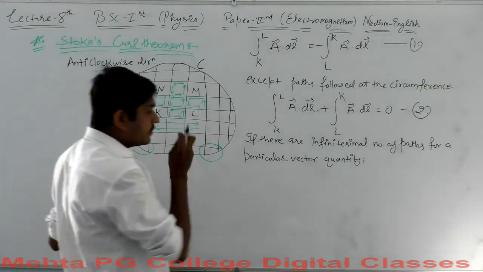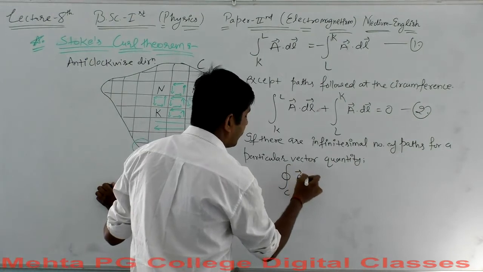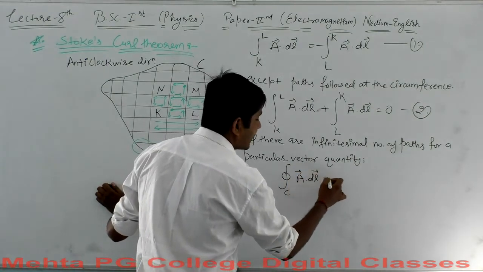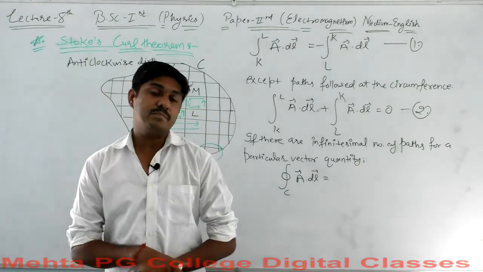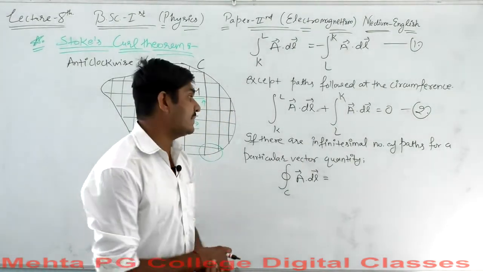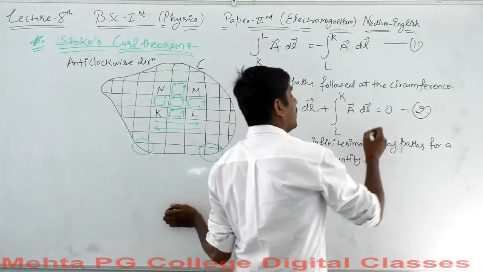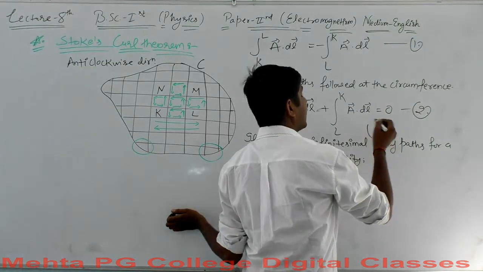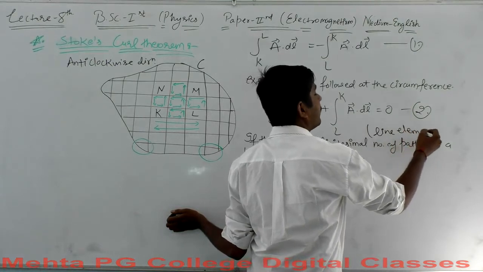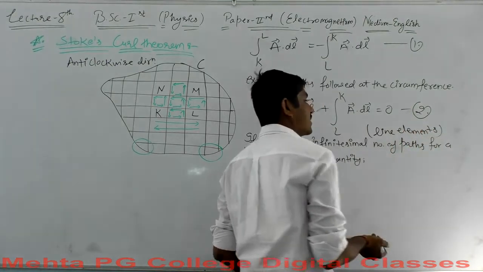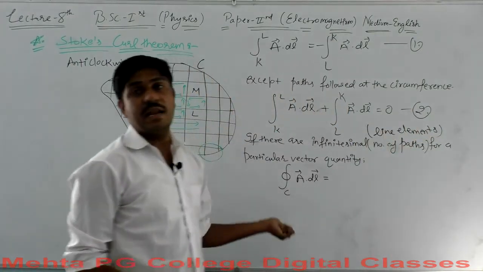Yes, you can say the whole curve integral for A vector dot dl vector can be written in terms of infinitesimal path elements or infinitesimal line elements. You can say either the infinite number of paths or the infinite line elements.